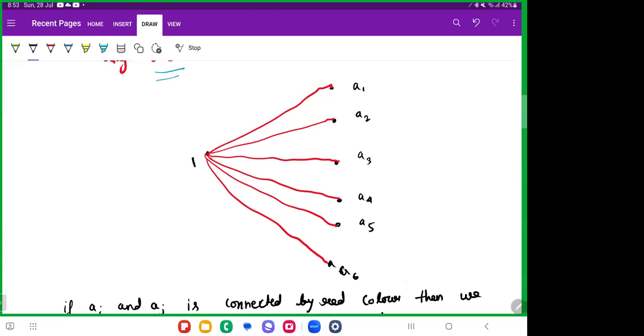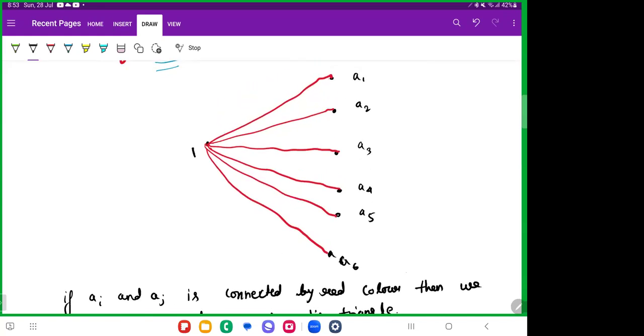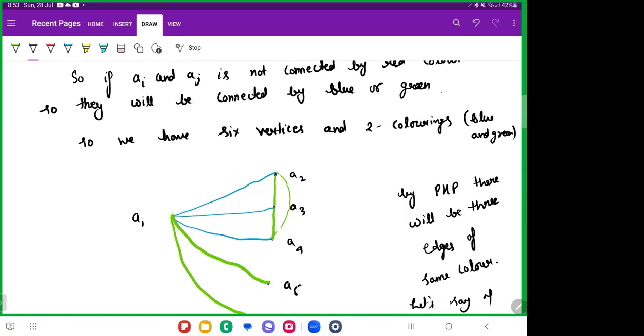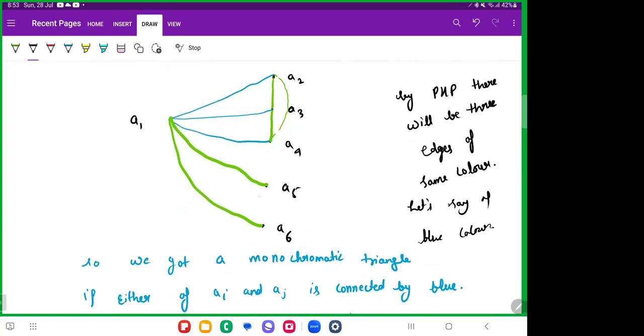If they are not connected by red color, they will be connected by blue or green. So now we have six vertices connected by blue or green color, and we make another case. By pigeonhole, we have at least three edges of the same color. Say they are of blue color. Then we again do the same calculation. Since three are of blue color, they cannot be connected by blue, so they will be connected by green.